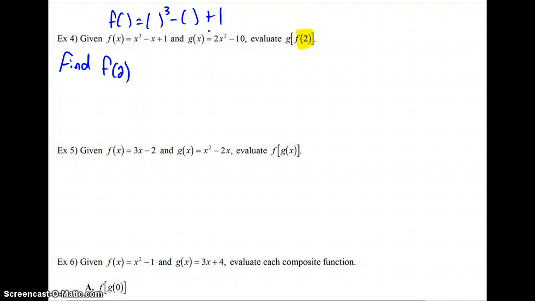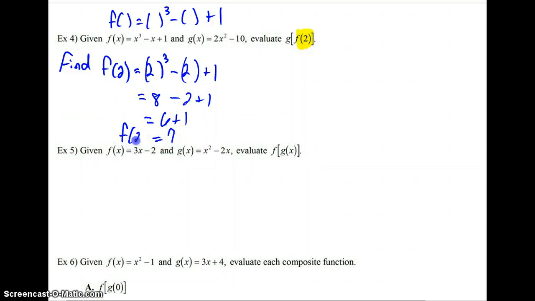Everywhere where we see an x, we can put in a blank. So I'm going to put in a 2 here. This is 2 cubed minus 2 plus 1. Well, 2 to the third is 8. 8 minus 2 plus 1. 8 minus 2 is 6. 6 plus 1 is 7. So we're seeing that f of 2 is equal to 7.